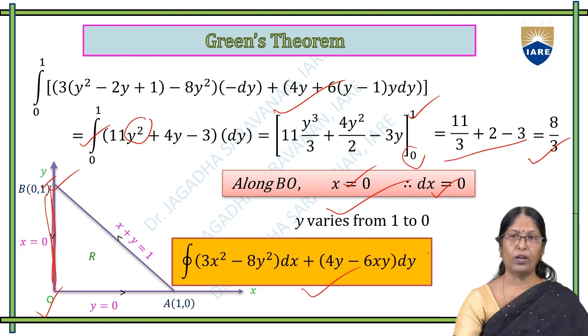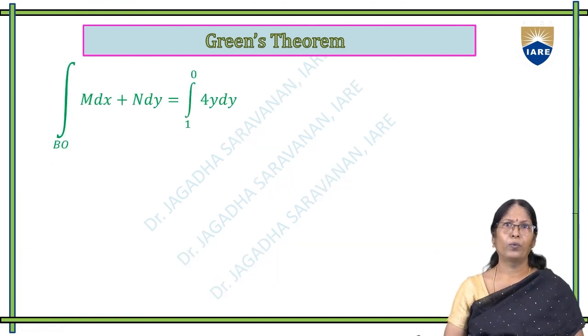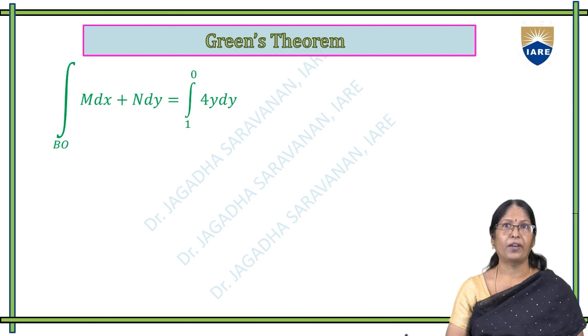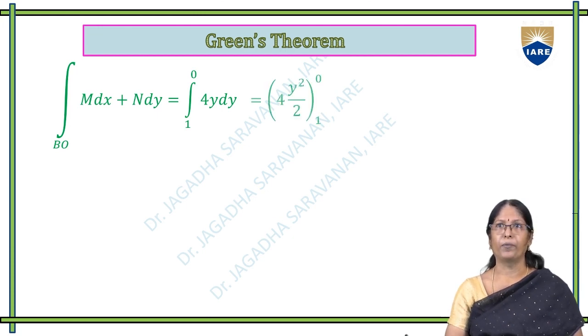Now this is our question. So now we are concentrating on BO. So the BO integral, in the y direction, M dx plus N dy, is equal to the integral from 1 to 0 of 4y dy.